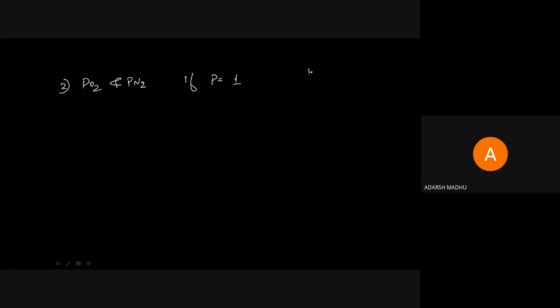Atmosphere means 1.013, right? So we are taking P is equal to 1 bar. If total pressure equal to 1 bar, what are the pressures PO2 and PN2? One atmospheric pressure.